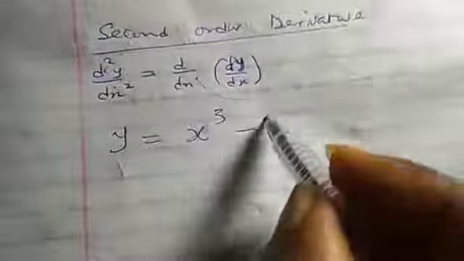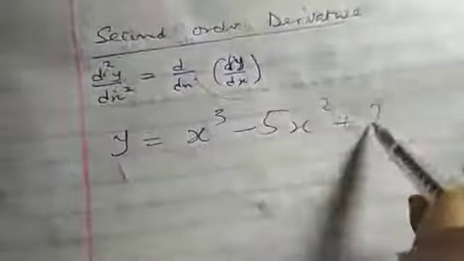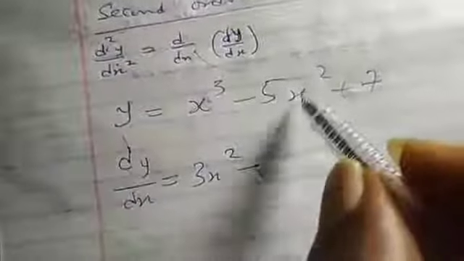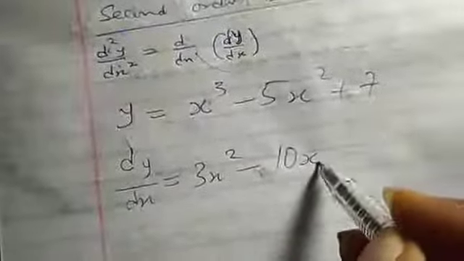For instance, if I'm having x cubed minus 5x squared plus 7, if I want to find the second derivative, I will first find dy/dx. This is 3x squared minus, if I differentiate this, I will have 10x plus, if I differentiate this, I will have 0.